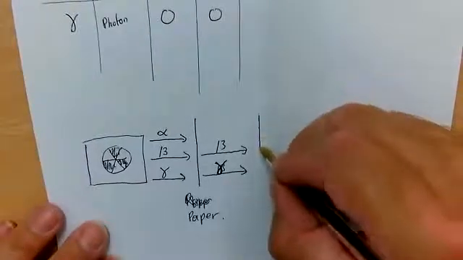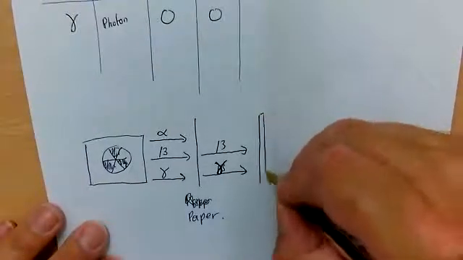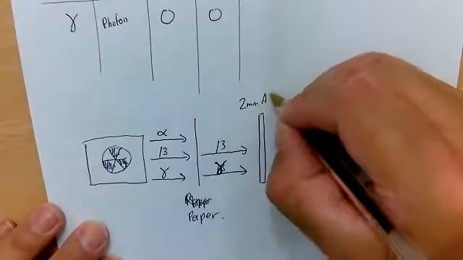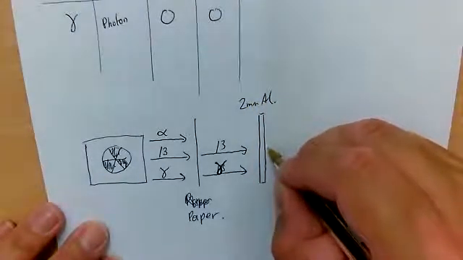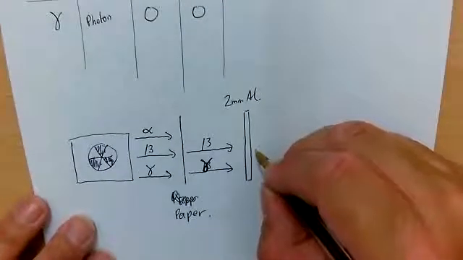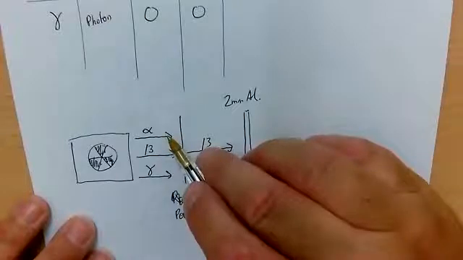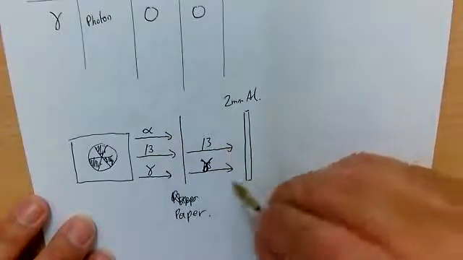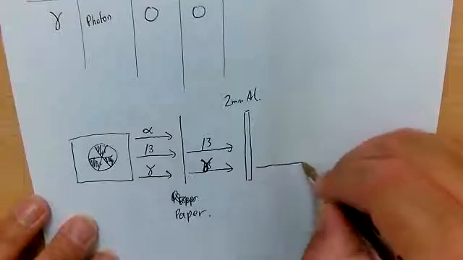But if we took a piece of aluminium, a few millimeters will do, what you find is the beta particles are pretty much stopped by a few millimeters of aluminium. Obviously, they'd also stop the alpha particles, but the beta radiation is stopped by aluminium, but the gamma rays still go straight through.